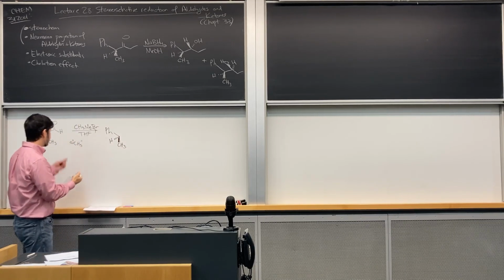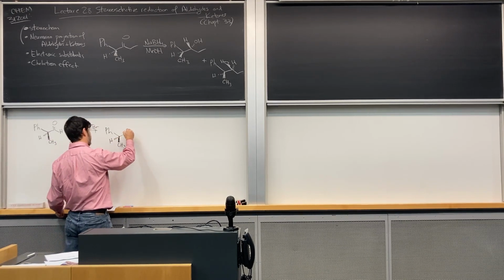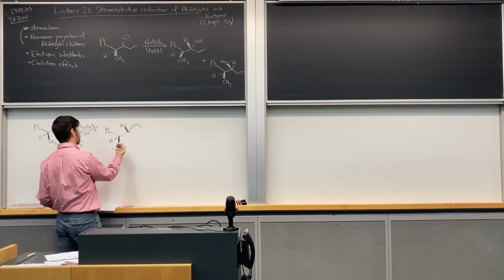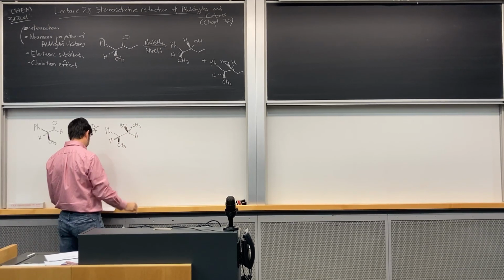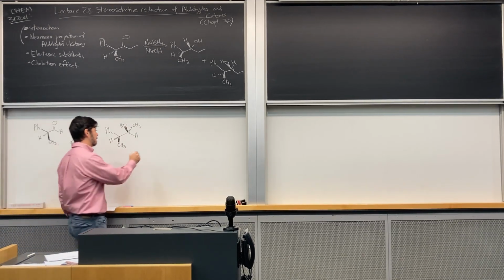So if attack comes from behind the page, let's put our methyl group like this. Our hydroxyl group will now be pointing towards us, and then we'll have our hydrogen like this.